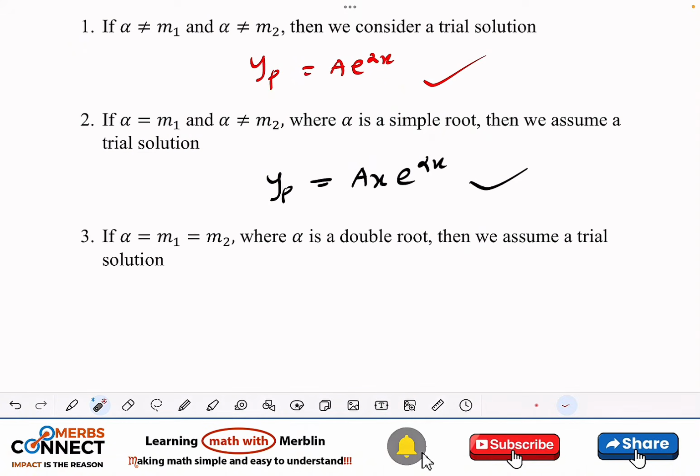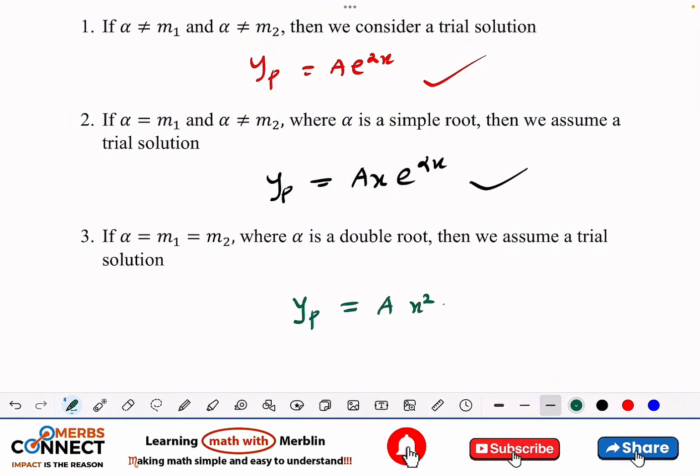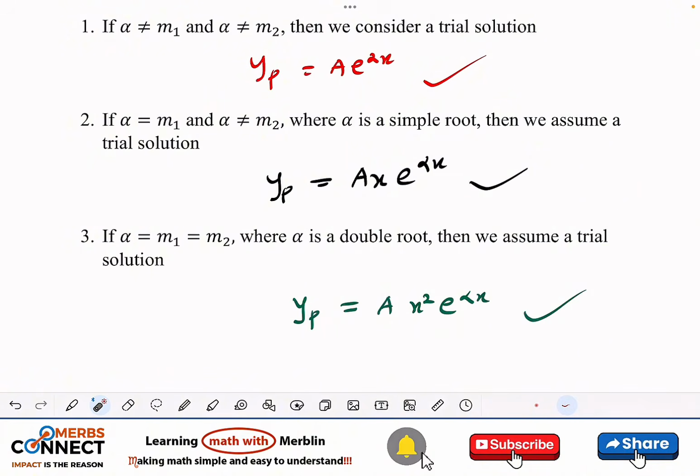Now guess what? What if alpha is the same as all the roots, alpha is the same as m1 and m2? It means that m1 and m2 are the same, because if alpha is the same as m1 and m2, they must be equal. Then we are going to guess a particular solution of the form a x squared times the exponential. This one is not difficult to remember.